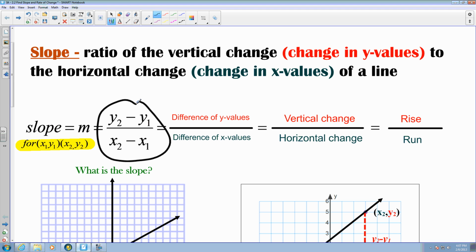Now, these points are values, or sets of ordered pairs, which determine what the slope of a line is. Again, this is the difference in x values, difference in y values, vertical change to horizontal change. And again, we have rise over run.